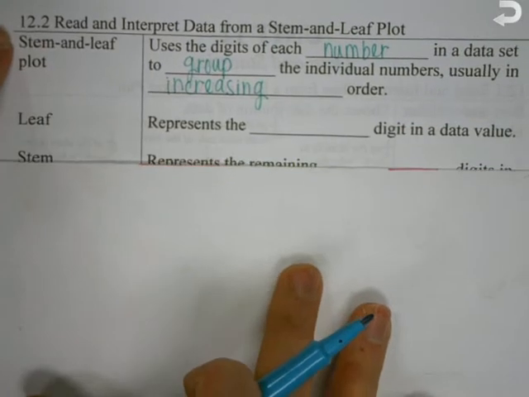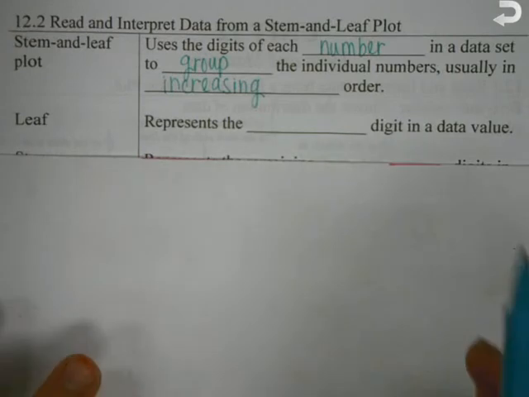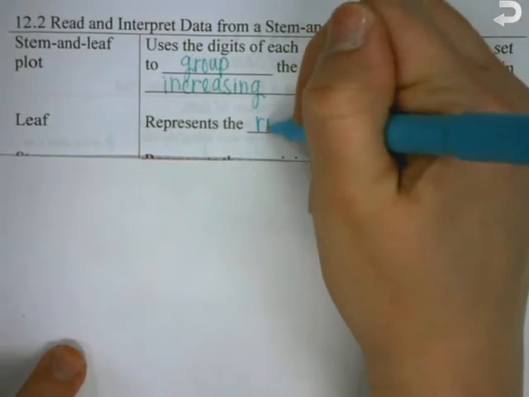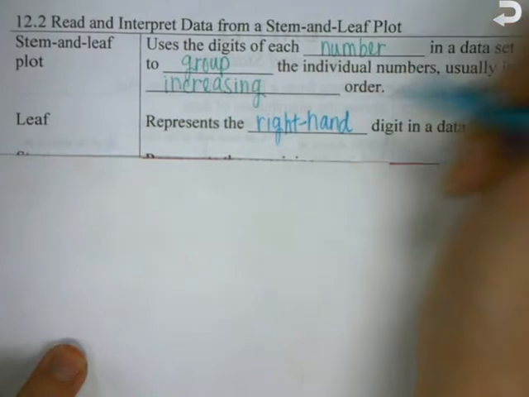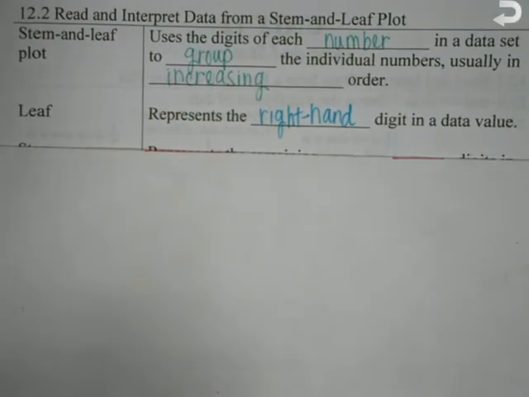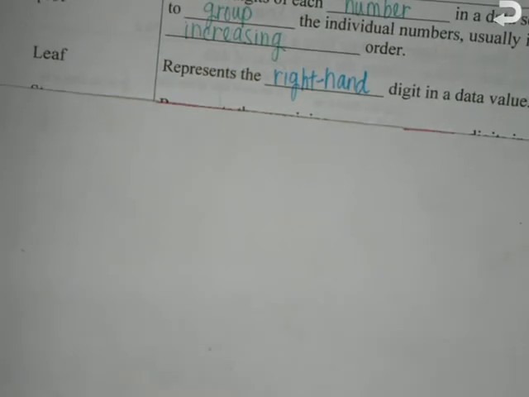So what is the leaf part? The leaf part represents the right-hand digit in each data value, so that is the ones place. So what's the stem?